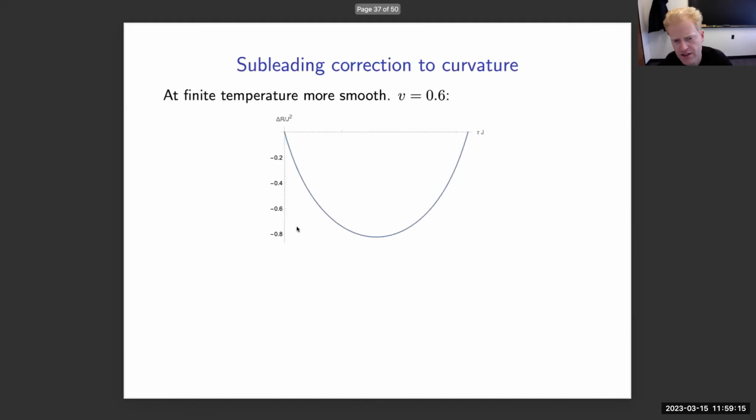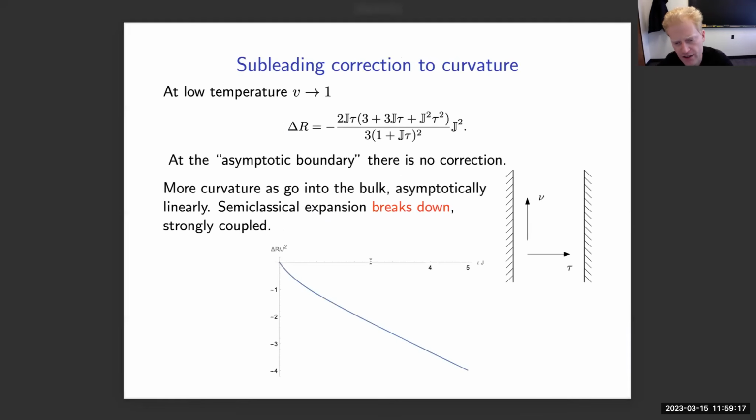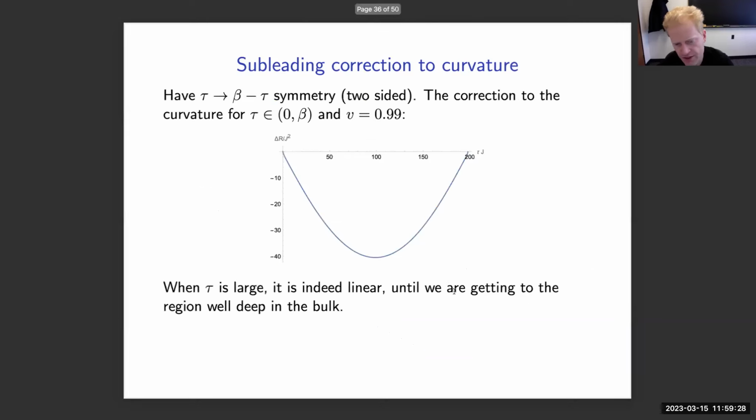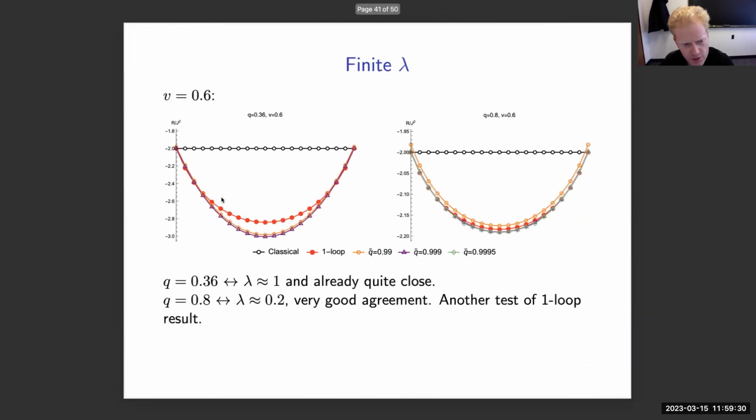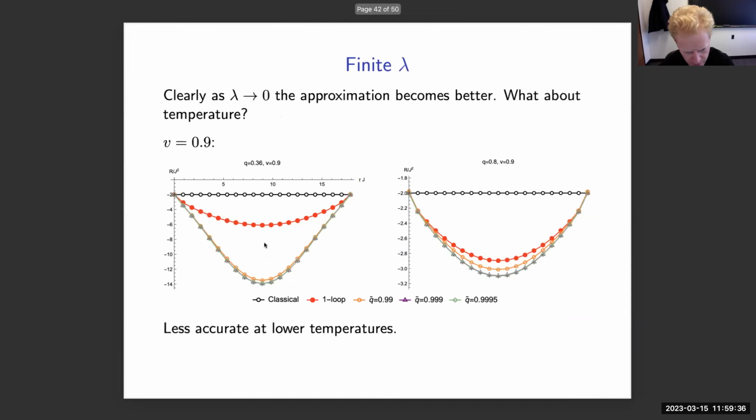Because when we discussed it analytically, we saw that it increases when we go into the bulk, and we said that it becomes very large, so we cannot trust the small lambda expansion. So indeed, here you see that close to the boundary the results are close, but when we get into the bulk, they become worse. They're very bad actually here.